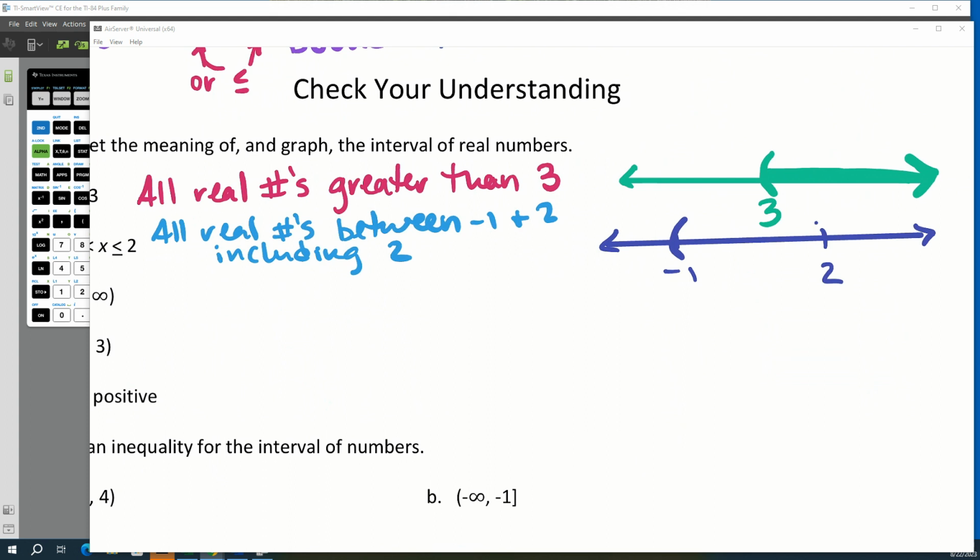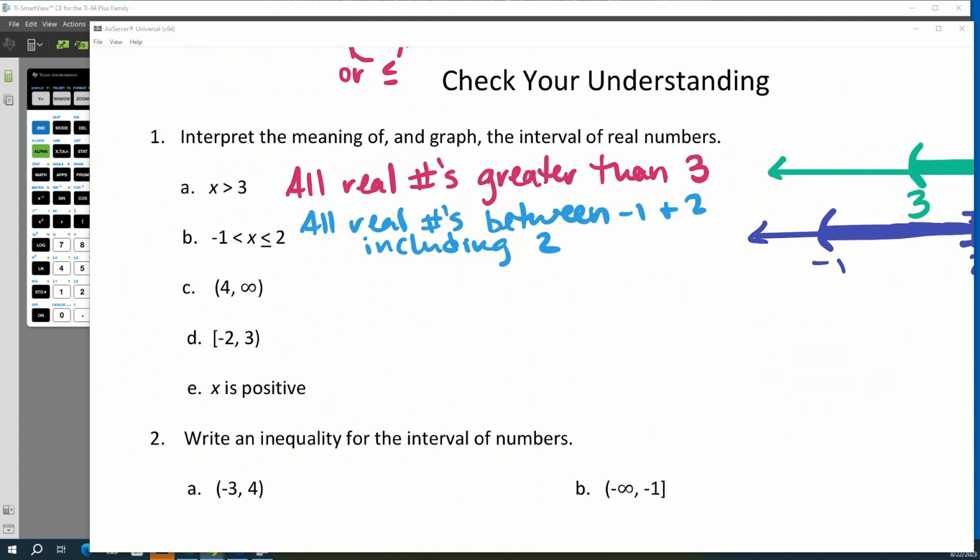We are including 2, so we'll do a bracket there. And then we shade in between. So just make sure that your parentheses and your bracket are opening up to where the shading is. I know that sounded weird when I said it. Does that make sense? You're not going to want a bracket going away from where you shaded. I think that's common sense, but I don't know. We'll see.